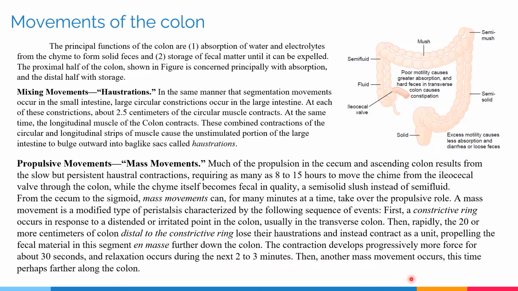Then another mass movement occurs, this time perhaps further along the colon. This is how finally food is pushed and propulsion and mixing of food occurs along the alimentary canal, starting from the mouth and finally ending in the large intestine.